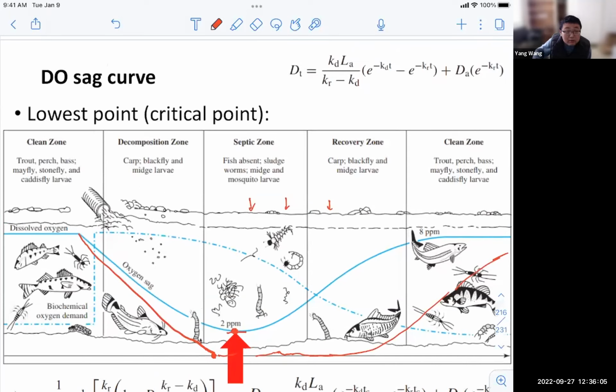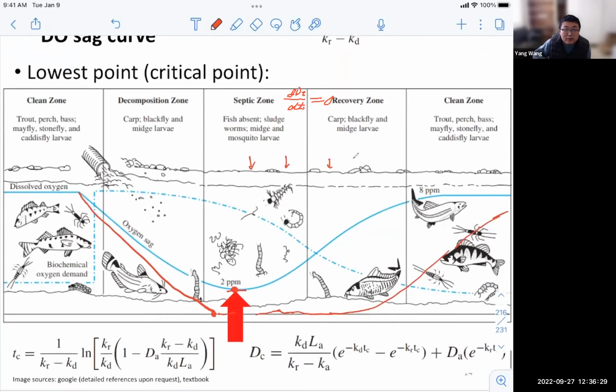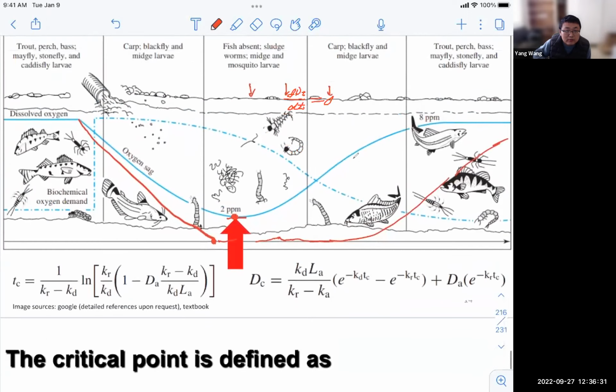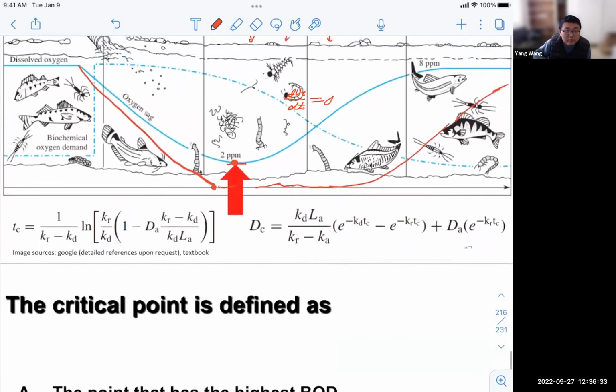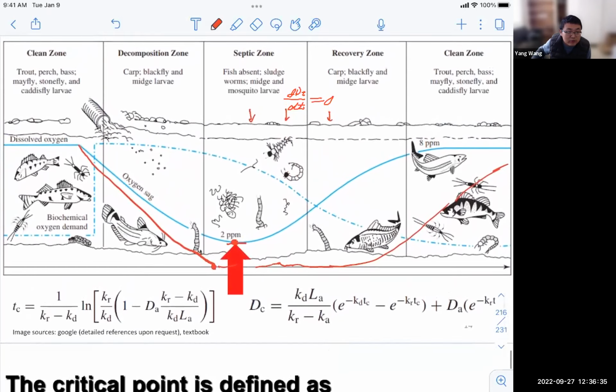So we can just calculate the dD/dt, and then set this to be 0. If you set this term to be 0, then you can find out where this critical point is.